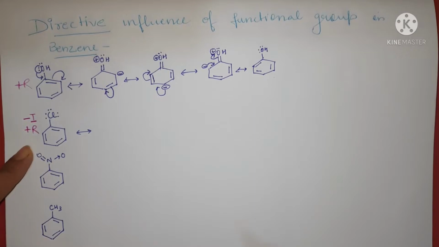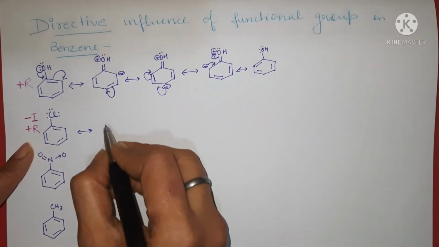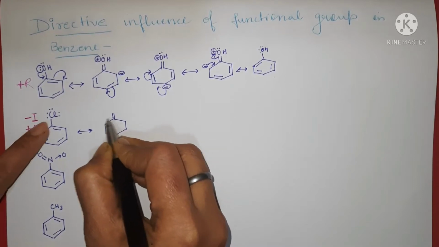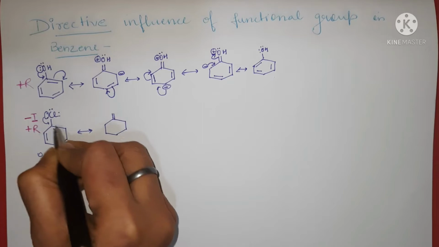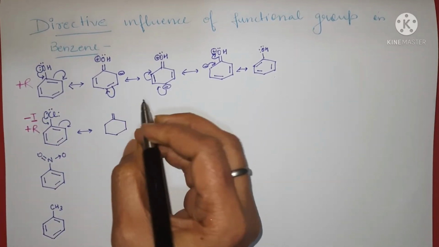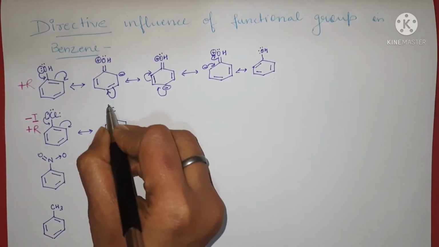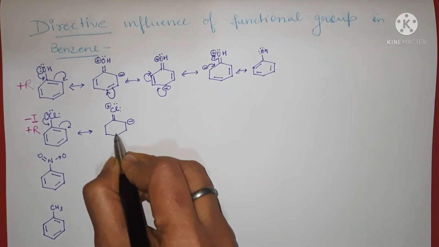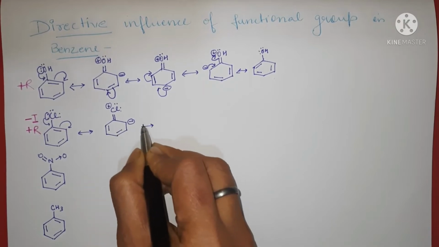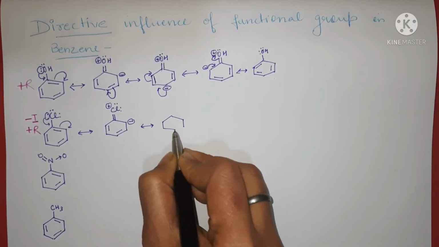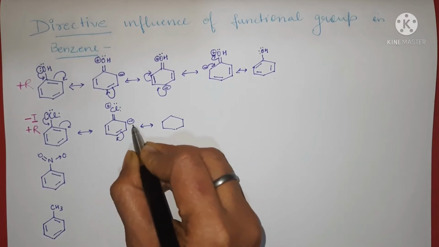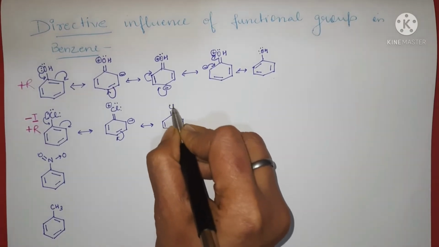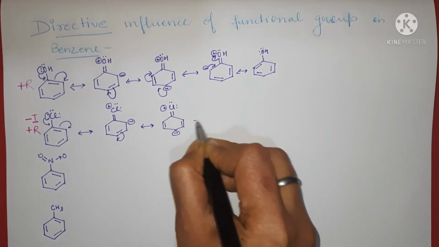Alright, so we will draw the resonating structure the same as above, where the lone pair comes inside the benzene ring. We will have this shifting of electrons from the double bond, chlorine having a positive charge, here we will have a negative charge, and so on. The structure will be the same as above. Again there is a movement of this. We will have a negative charge here, double bonds here, then chlorine with a positive charge here.